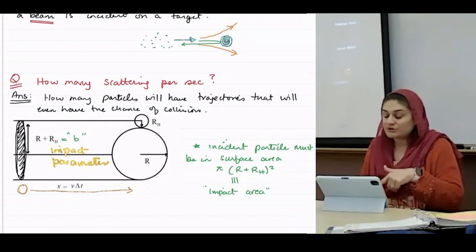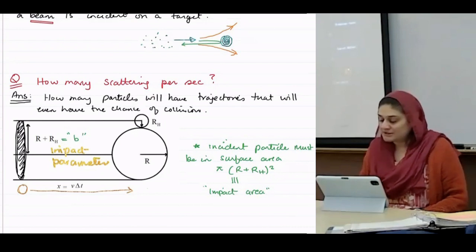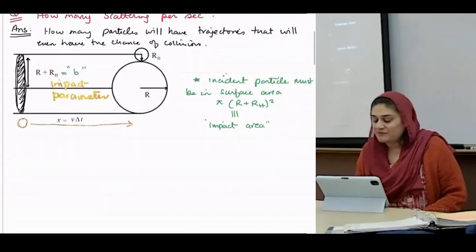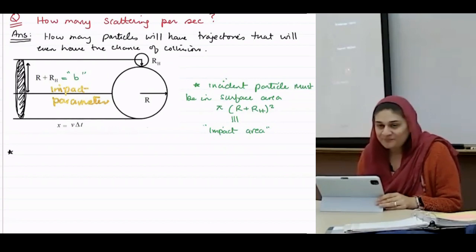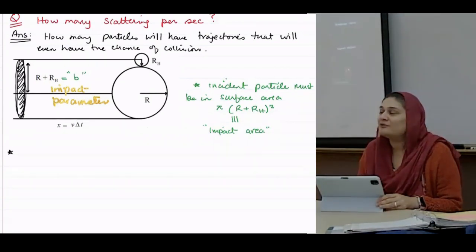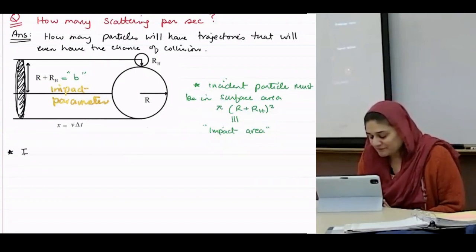So in order to find out how many scatterings per second, I'm going to make you do something that we've done a bunch of times. Collisions. We actually also did that in fluids. So I'm going to ask you something interesting.